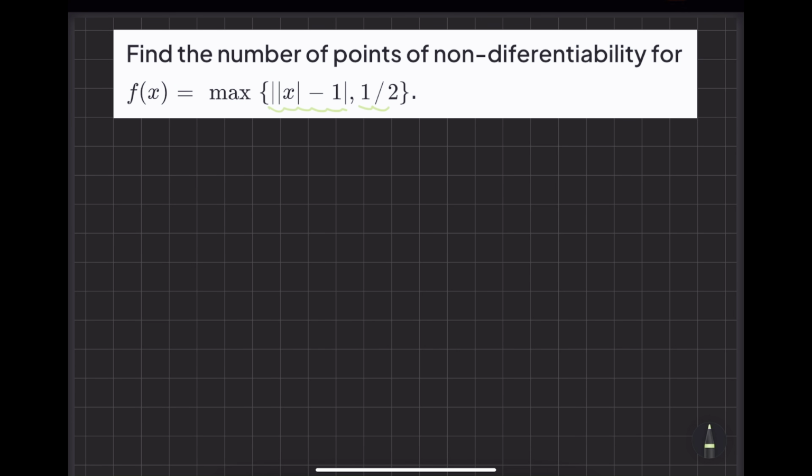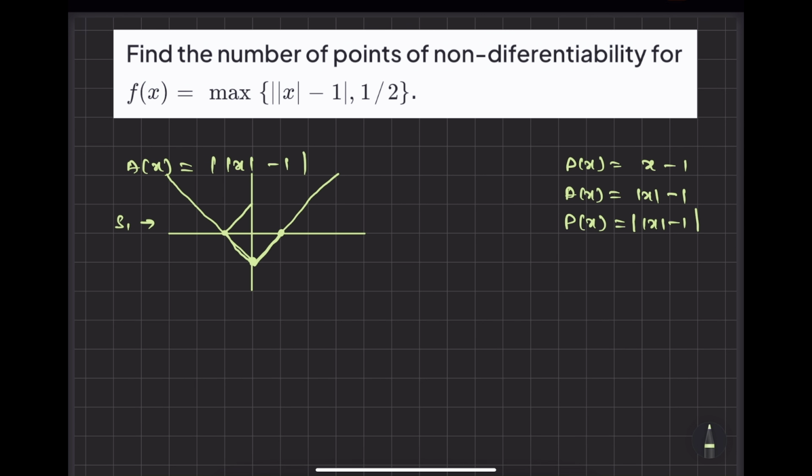So if you apply mod on the function, what we have to do is draw the lower graph above. So this part will be drawn above, and then the lower part will be drawn here, and then you have to erase the negative y. So this is the graph of the whole thing. Okay, this is the graph of the first function.